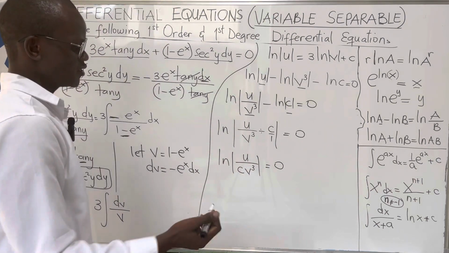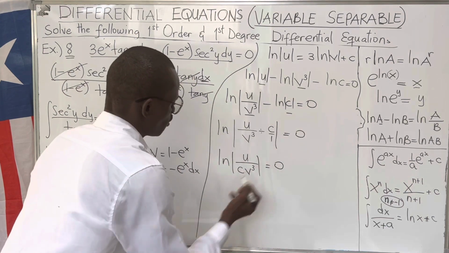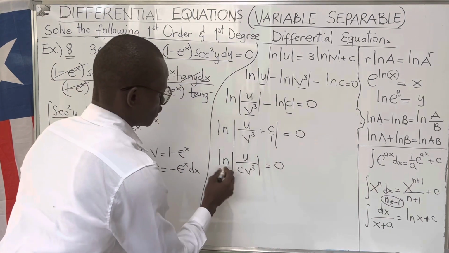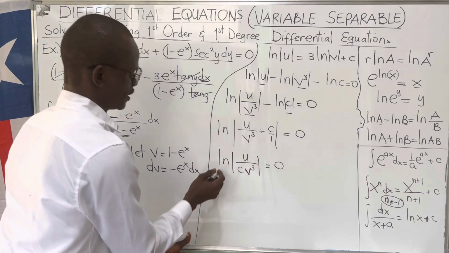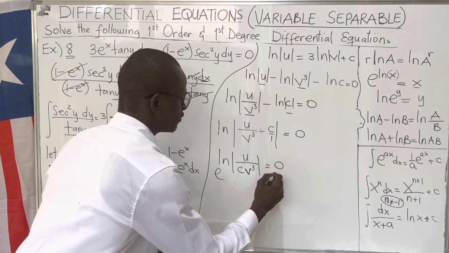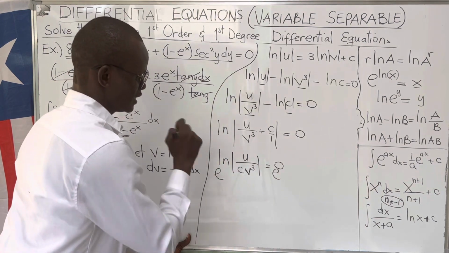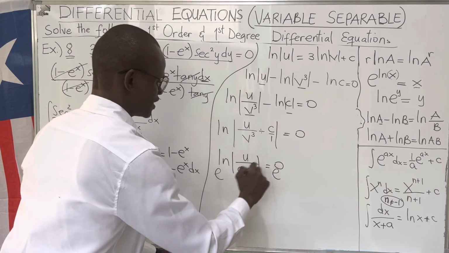So what is our u and v? But before doing that, we can solve for u. Let's get rid of this ln. We know that if we take e on both sides of the equation, e raised to the ln of an expression is just equal to that expression.